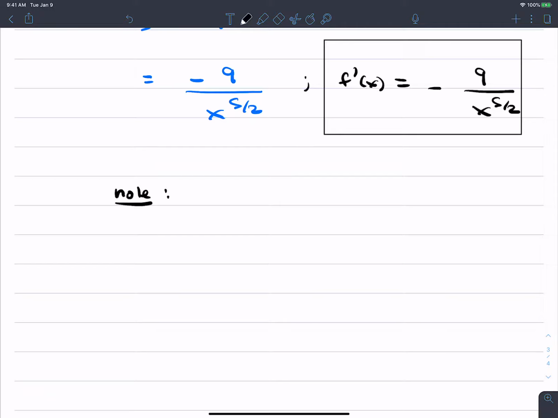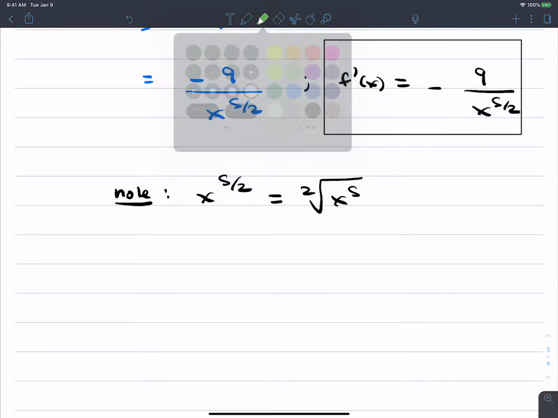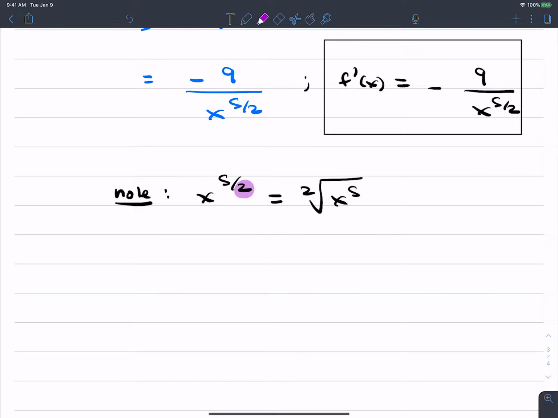We can actually simplify this, and here's a nice way to do that. Can I write this as the square root of x to the 5th? Because remember, you have an index. It's the denominator. That's your index. It's 2. These are rational exponents.